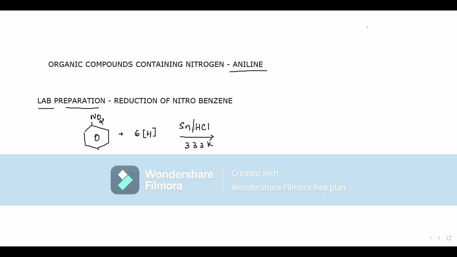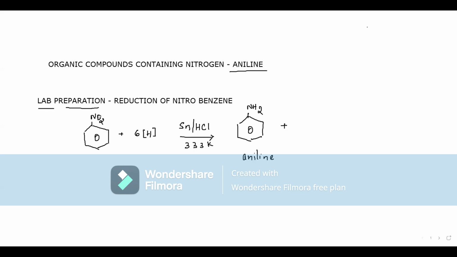Nitrobenzene is heated in presence of tin in HCl. Now, the product that you get here, one is NH2 on the benzene ring, which is nothing but aniline, aminobenzene, aniline, right?